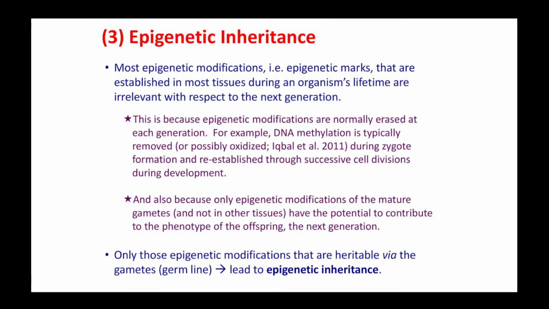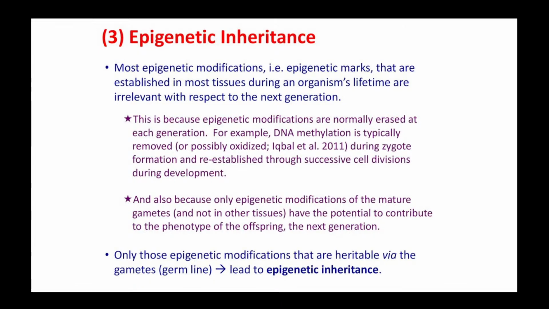Most epigenetic marks that are established in most tissues during an organism's lifetime are irrelevant with respect to the next generation. This is because epigenetic modifications are normally erased at each generation. For example, DNA methylation is typically removed or possibly oxidized during zygote formation and re-established through successive cell divisions during development.